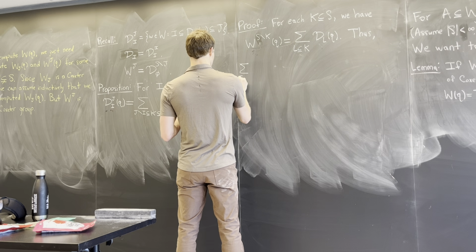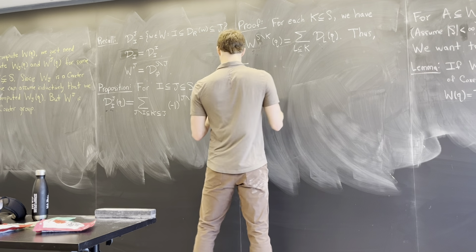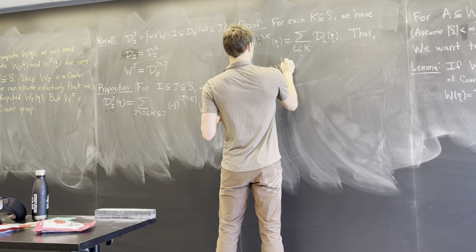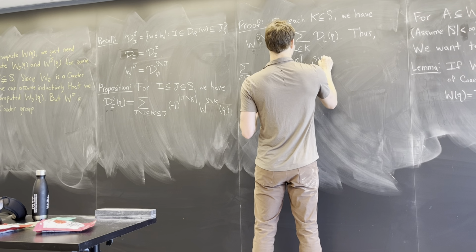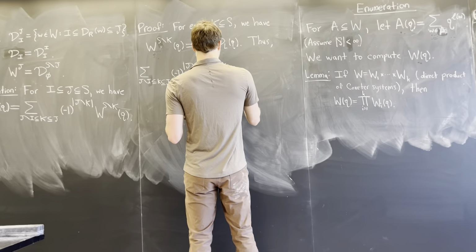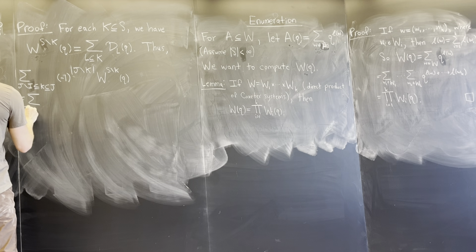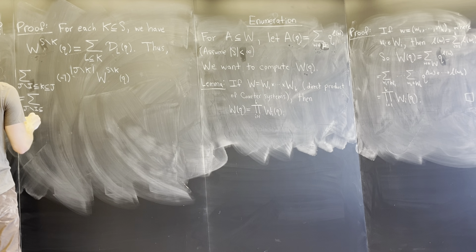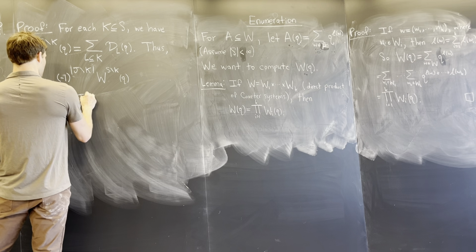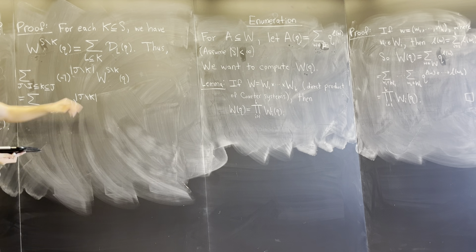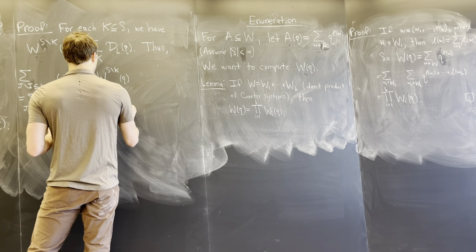Sum over J minus I contained in K contained in J of -1 to the size of J minus K, W^(S minus K) of Q. This is equal to the sum over J minus I contained in K contained in J of -1 to the size of J minus K, but now I can write this as this thing: sum over L contained in K of d sub L of Q.